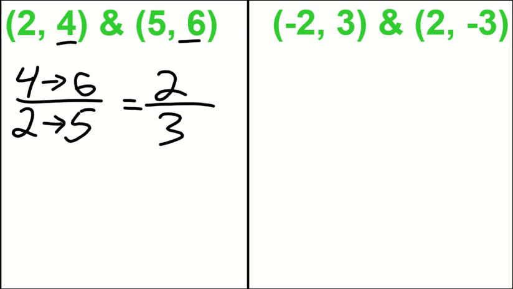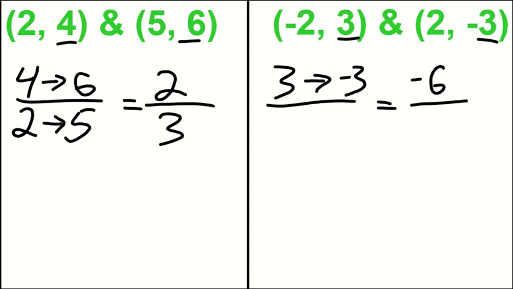All right, so change in y over change in x. Our y values, 3 to negative 3. Is that increasing or decreasing? Decreasing, and it's going down by 6, okay? So since it's decreasing by 6, we put a negative 6.